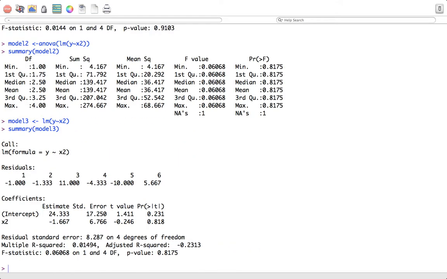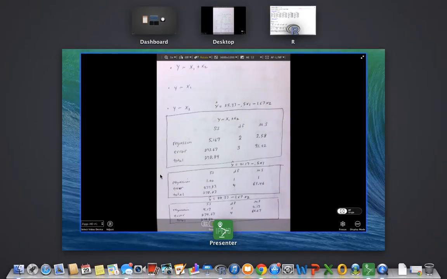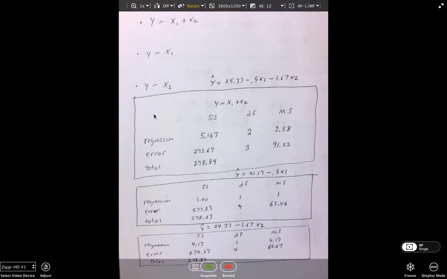All right, gang. So 24.33. So y hat is 24.33 minus 1.67x2. All right, been writing all this stuff down so we can go back over to this.